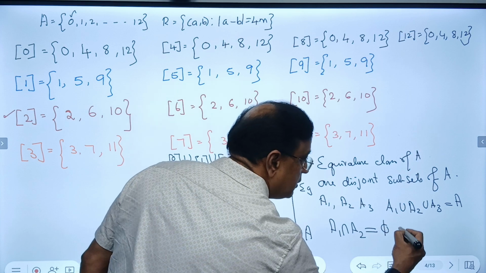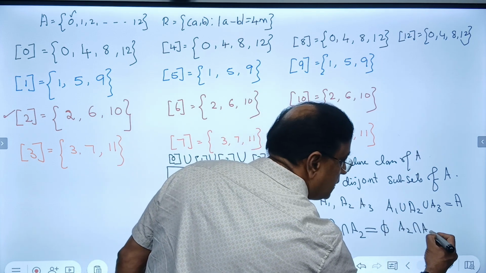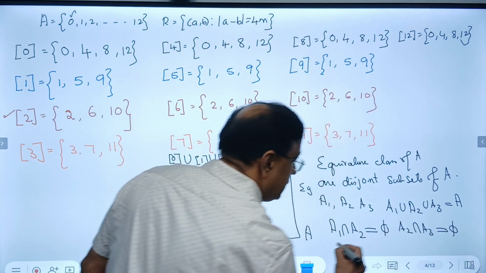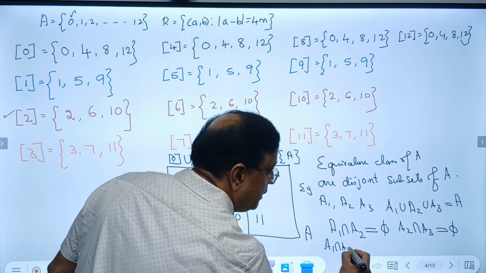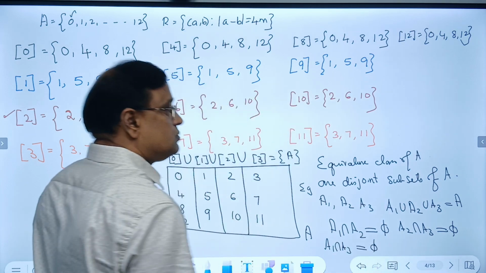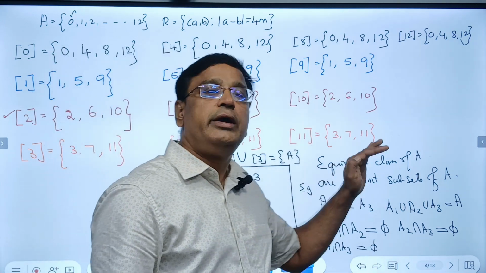A1 intersection A2 will be the null set. A2 intersection A3 will be the null set. And then A1 intersection A3 will be the null set. So equivalence classes are disjoint subsets of A.